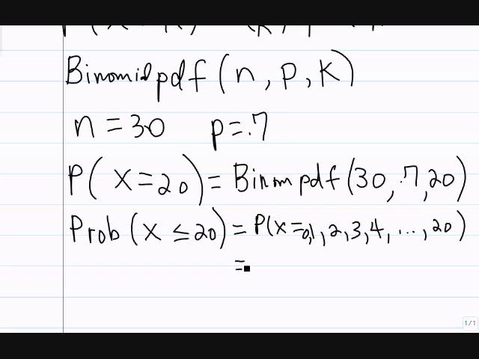You could do all of these separately by formula or with the binomial PDF, but that would be 21 times. Your calculator will give you that probability with a binomial CDF. The arguments are the same: the 30 for the n, the 0.7 for the p, and the 20 that I feed in stands for less than or equal to 20.